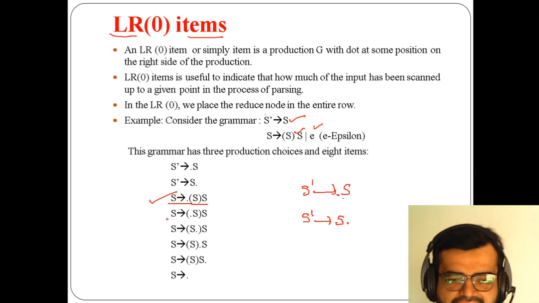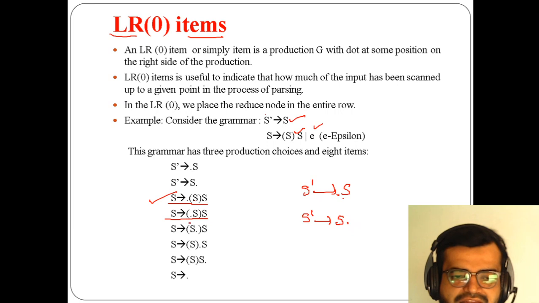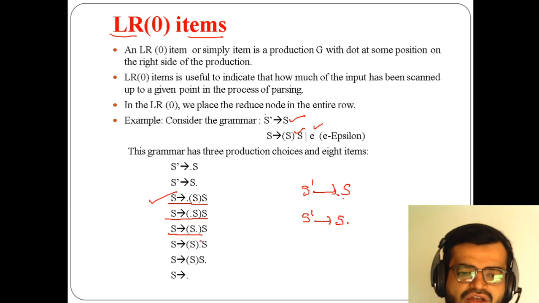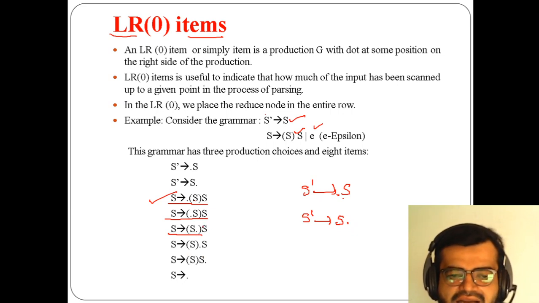In this item, the opening bracket has been scanned. In the next item, the opening bracket and S have been scanned. S has been scanned, and S again contains the same thing, so you can take the same thing here again. Like that, you have to scan each and everything, and again the closing bracket. In the next item, 3 symbols have been scanned, and finally here everything has been scanned.